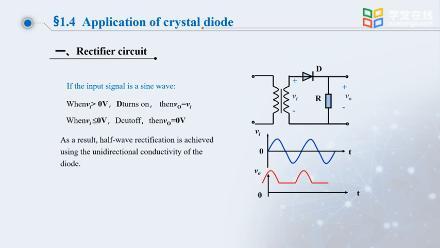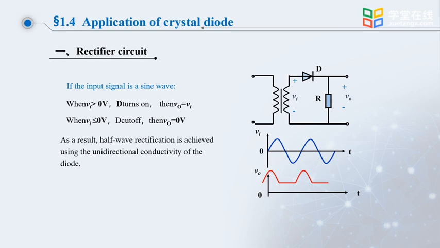We can understand this as when VI is greater than 0, the diode conducts. Then the voltage drop VO across the resistor R is equal to the input signal VI. So VO is also a positive half-cycle waveform, a sine wave of the positive half-cycle. But when VI is in the negative half-cycle, less than 0, the diode is cut off. The diode cut-off means the switch is off.